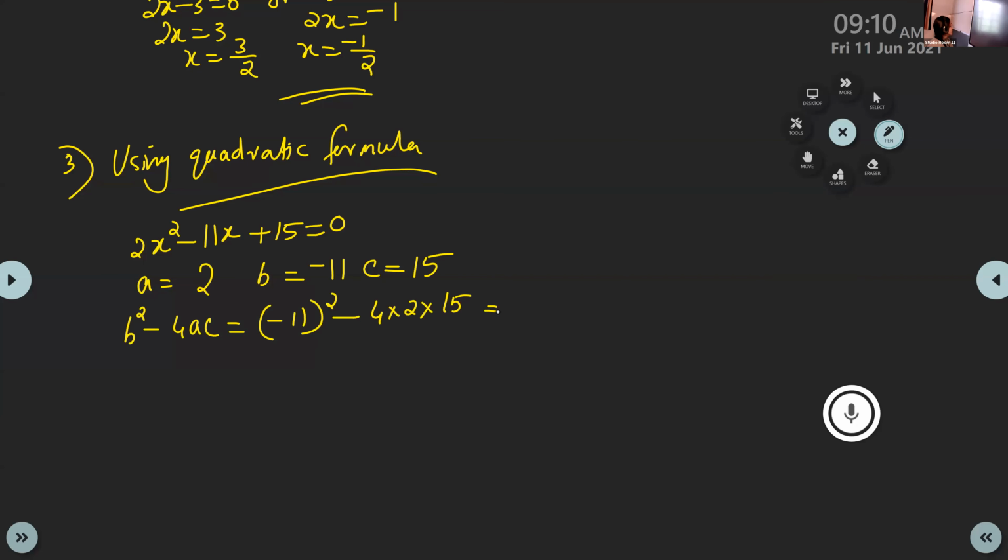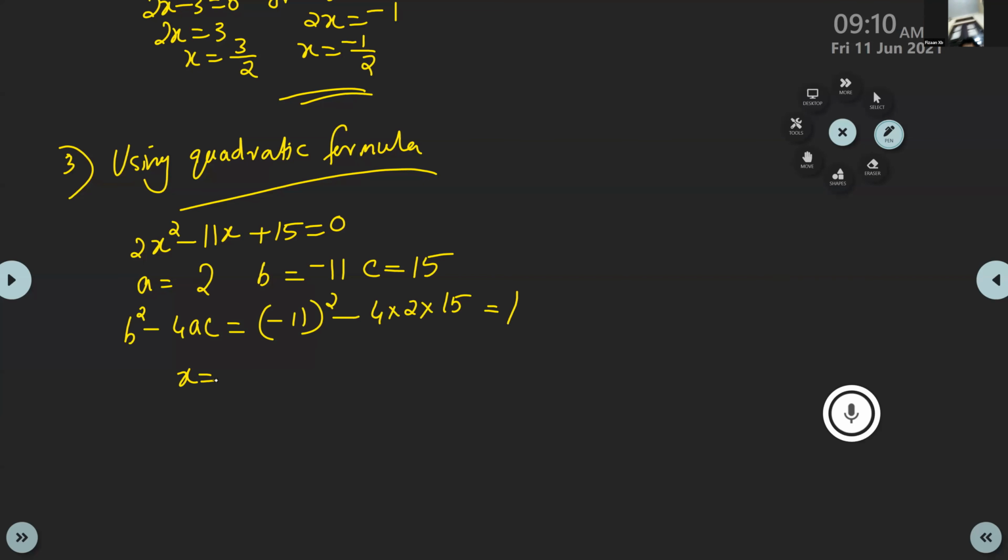How much is it? B square minus 4AC is 1. Write the quadratic formula.